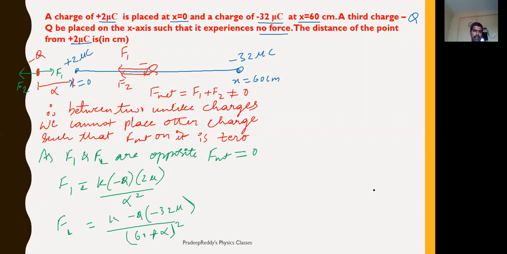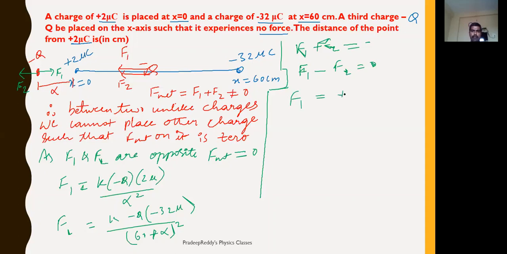Now, in order to get F net equal to 0, you can add these two vectors, so F1 plus F2 should be equal to 0. In such cases, you write it as F1 minus F2 is equal to 0 because both vectors are in opposite direction. This gives you F1 is equal to F2.